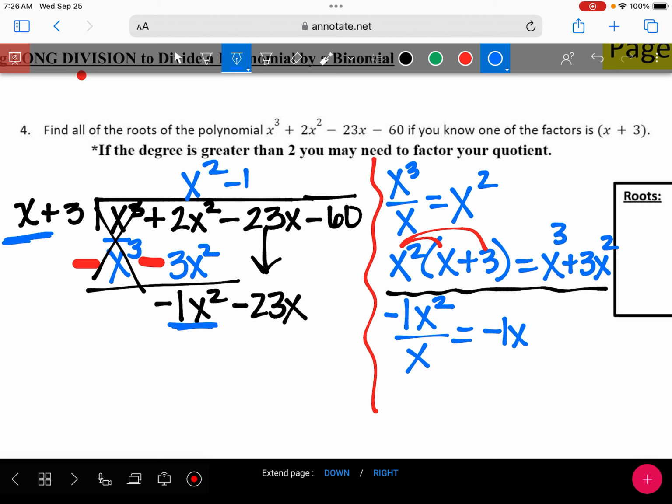Put that on the roof. Now I'm going to take that negative 1x and multiply it by x plus 3. So I'm going to distribute and distribute, which is going to give you negative 1x squared minus 3x.